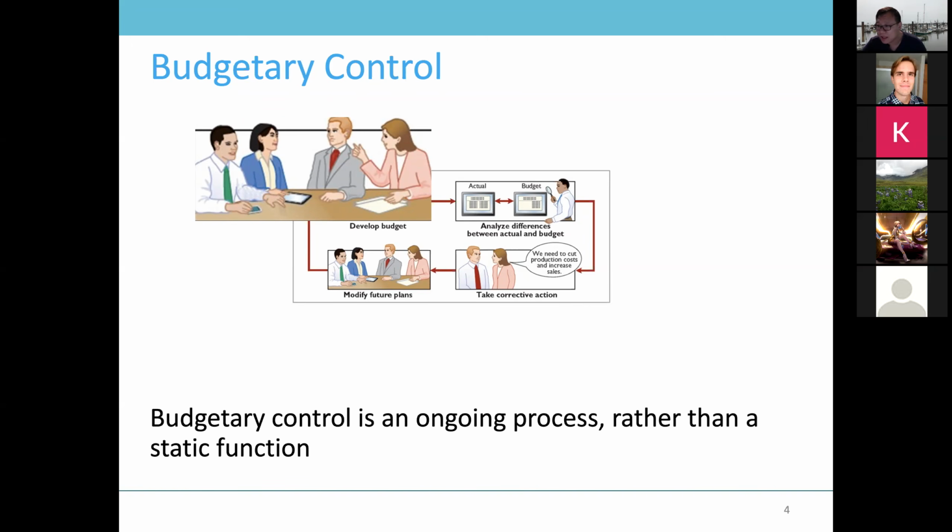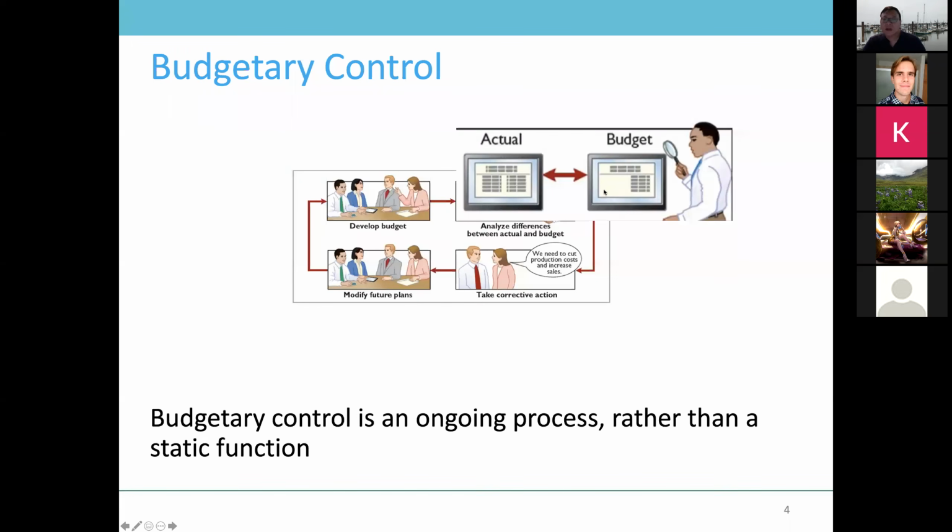You probably get the lower management teams involved to seek their input, because they probably have better, more accurate information. But at the same time, that's very time consuming and very costly. Anyway, first you develop the budget, and then you monitor the actual results.